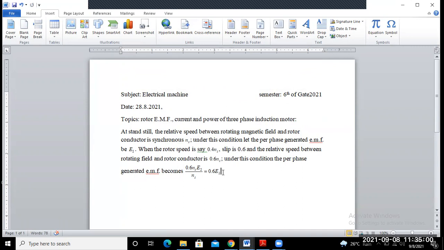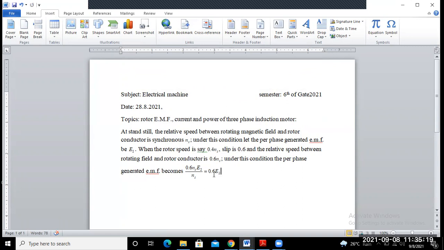So what we observe is that at standstill, the rotor EMF induced is E2, and if the rotor rotates at any particular speed, then the rotor EMF induced becomes the product of slip and E2.